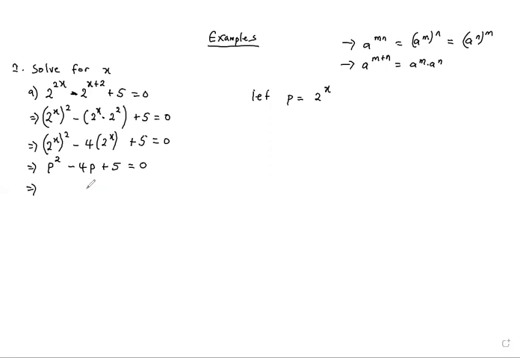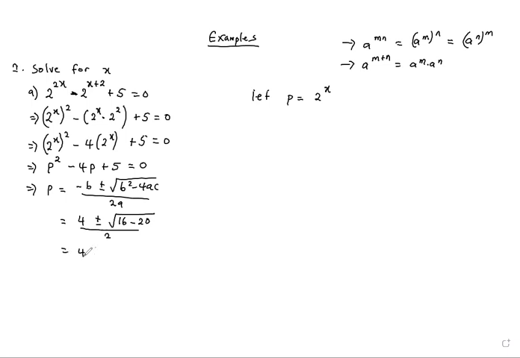So what we'll do is we'll use the formula. So p is equal to negative b plus or minus root of b squared minus 4ac over 2a, which is 4 plus or minus root of 16 minus 20 over 2.